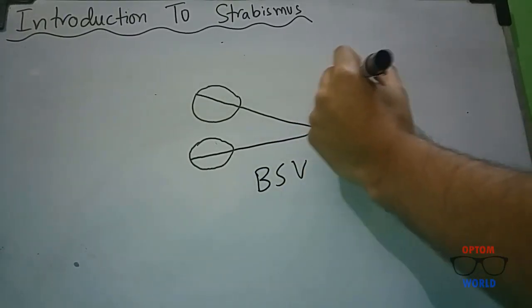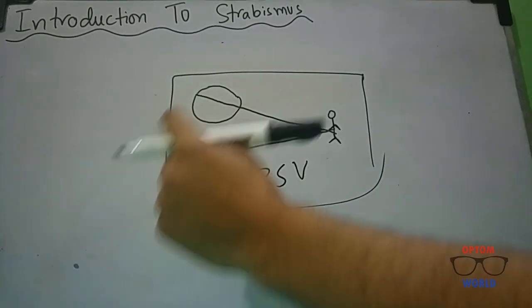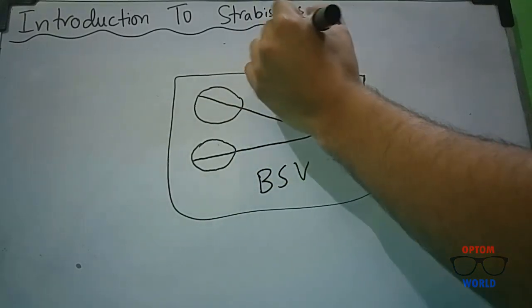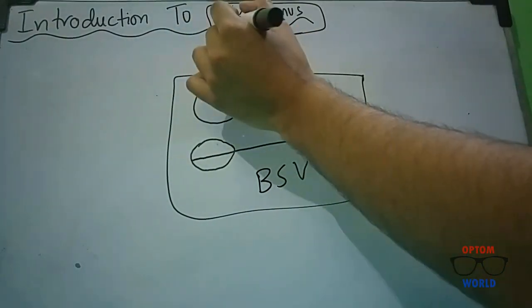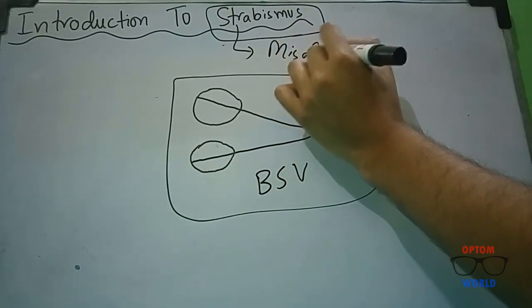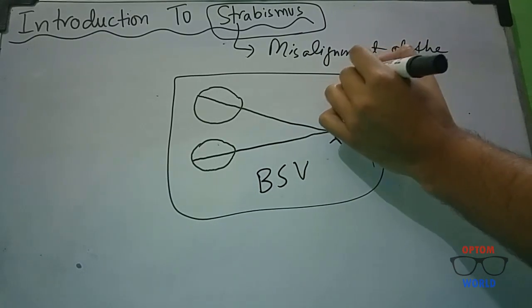This happens in normal persons, and when these visual axes do not intersect, it is known as strabismus. So what is strabismus? Misalignment of the visual axis.